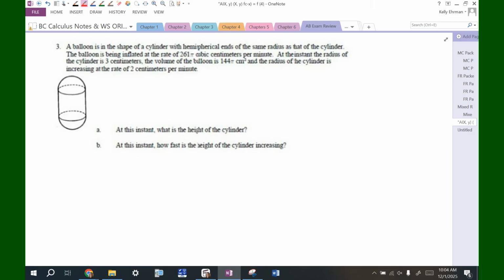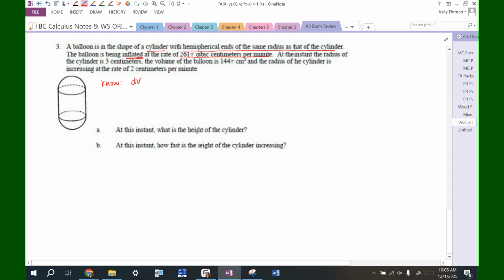Otherwise, a balloon is in the shape of a cylinder with two hemispherical ends of the same radius of that cylinder. So these two ends form a sphere. The balloon is being inflated at a rate of 261 pi cubic centimeters per minute. Let's start listing out what we're given.